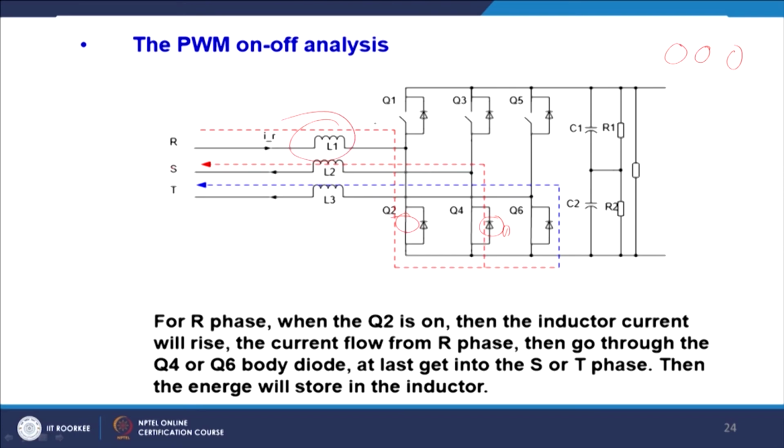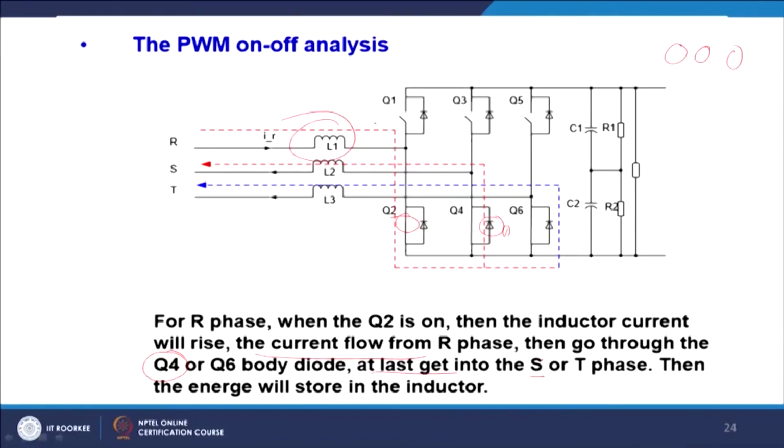For example, for phase R, when Q2 is on, the inductor current will rise, the current flows from R phase and goes through the Q4 diode; if you have an IGBT, generally it is not a body diode, the manufacturers physically put this anti-parallel diode, at least to get the S and T phase.